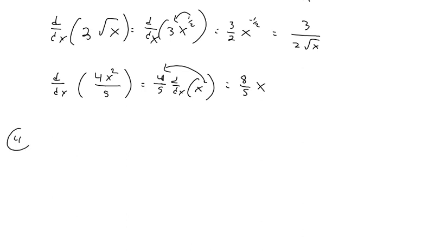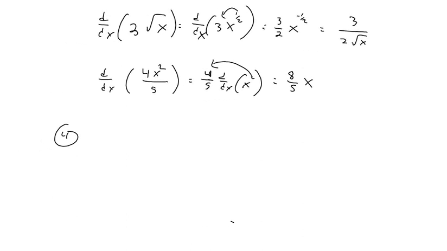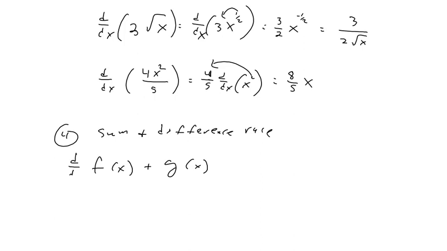Next rule is sum and difference rule. The sum and difference rule, I mean, it's pretty obvious. It says if you have a function, f of x, plus some other function, g of x, and you do the derivative of those two functions added together, all you do is take the derivative of them one at a time.